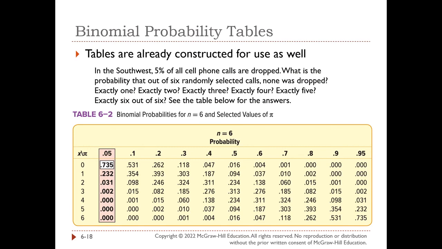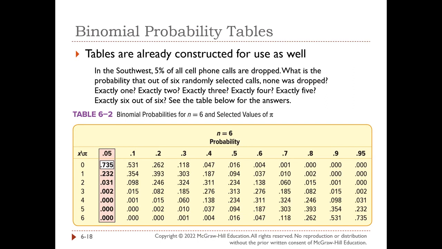So we already have tables constructed of this. If we want to use a table, we'll see if the homework will actually have access to the table. I know your book is probably going to have them too. Say that 5% of all cell phone calls are dropped. What is the probability that of only 6 randomly selected calls, none was dropped, exactly 1, exactly 2, and so forth?